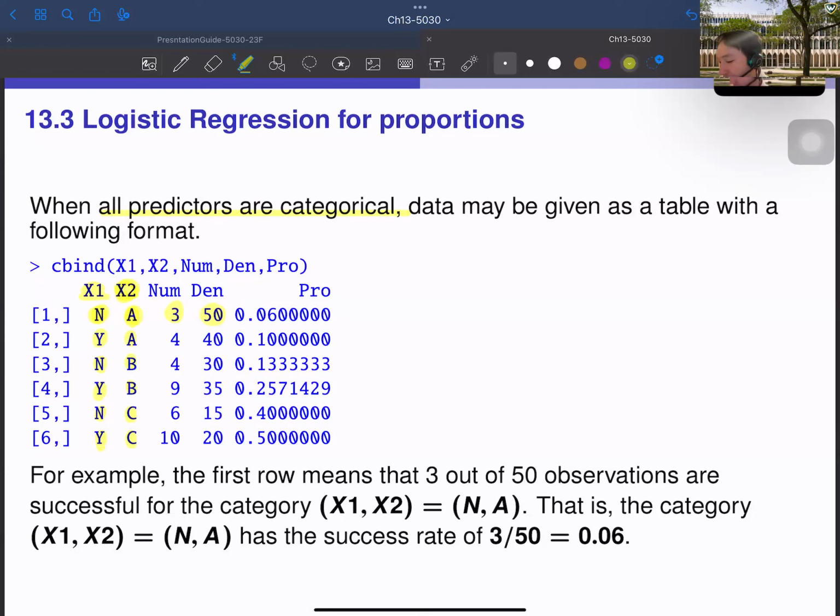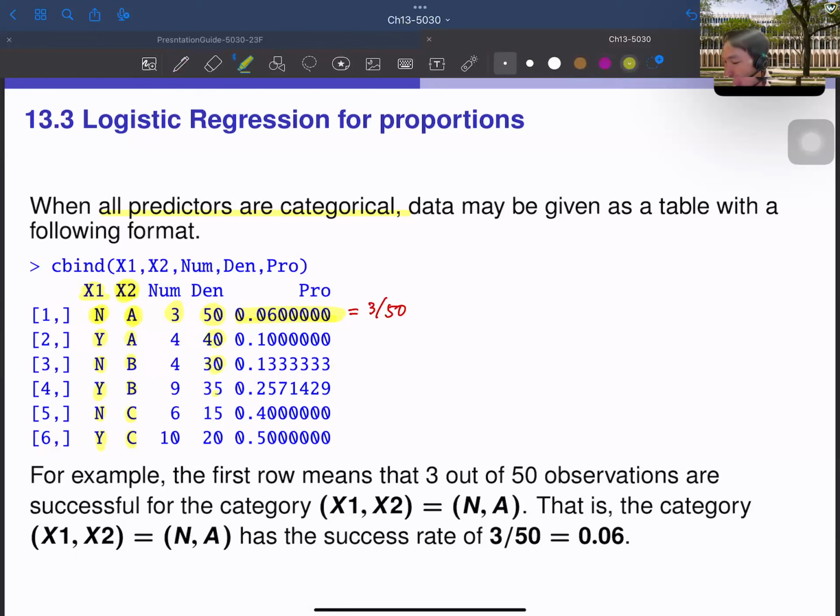out of these 50. Then we don't really have to put the 50 lines to represent this data. We just have to give the proportion of success. So 3 out of 50 is just 0.06. This data format is more concise. We have the same thing for other pairs.